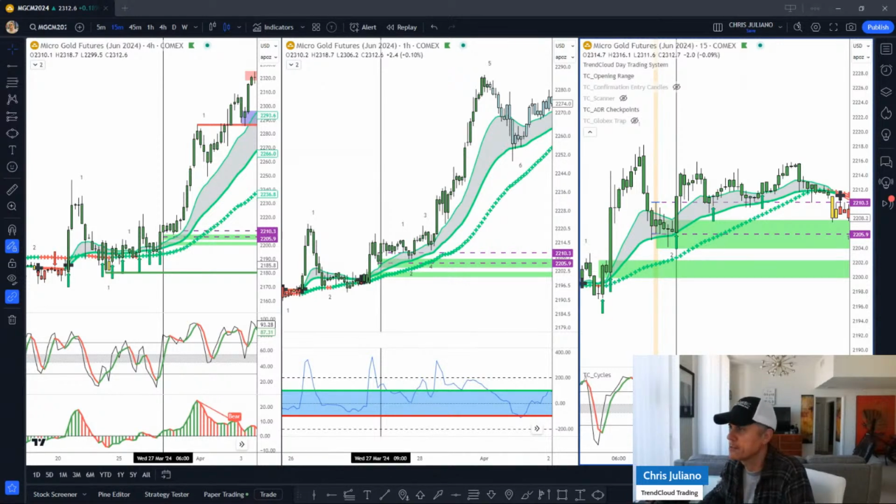Definitely, I'm doing it too. Put that up on your wall. Okay. I'm taking a snapshot of this myself and I'm saving it, because it's important. And I'm labeling it perfect TrendCloud setup.